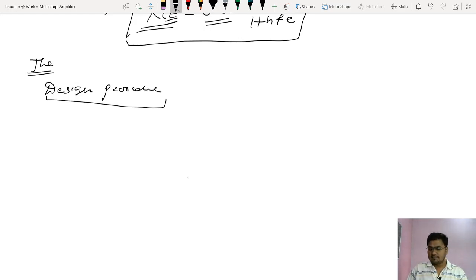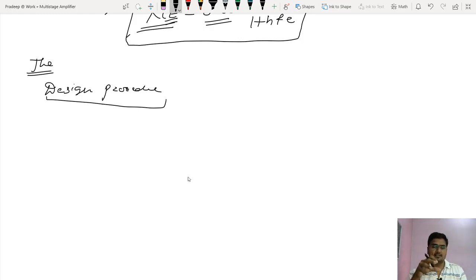But today I will intentionally consider a design problem and design this two-stage RC coupled amplifier with a different method. That method includes consideration of the output impedance of the first stage as well as the input impedance of the second stage. The loading effect I am going to consider intentionally in this design method.